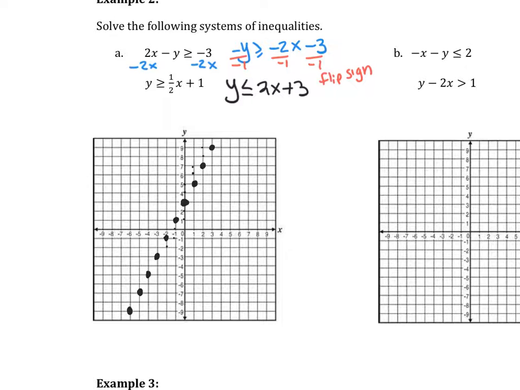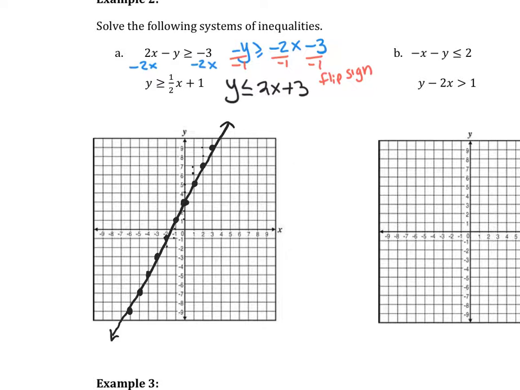And then it's less than or equal to, so that means we'll use a solid line. Then do I shade above or below? Below, because it's y is less than or equal to.